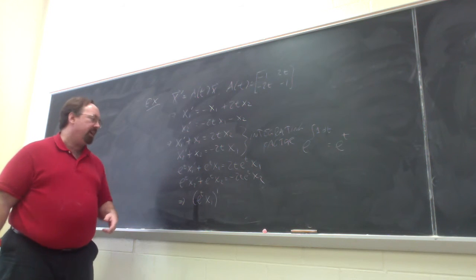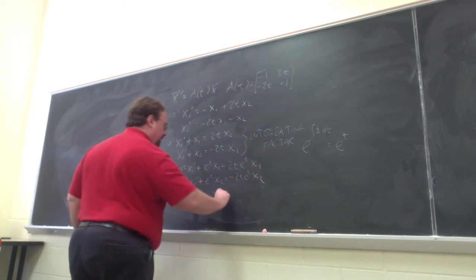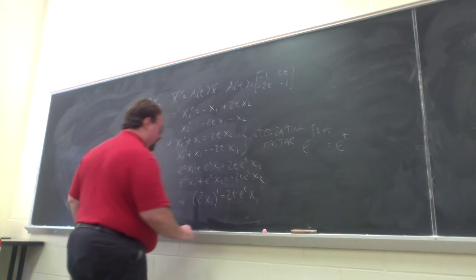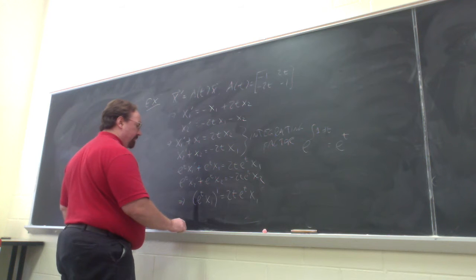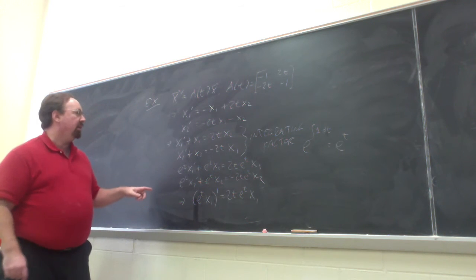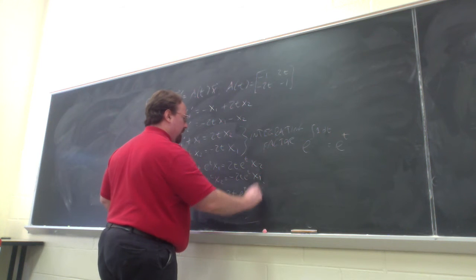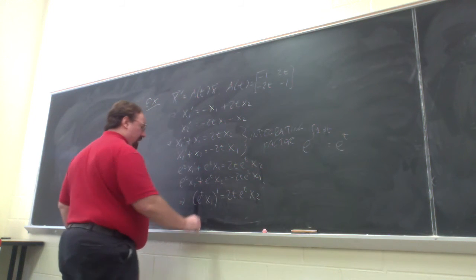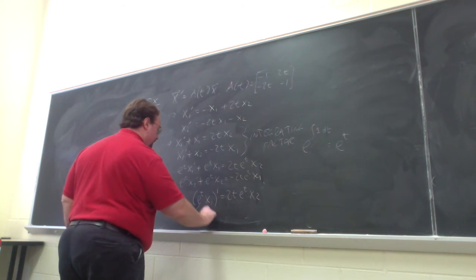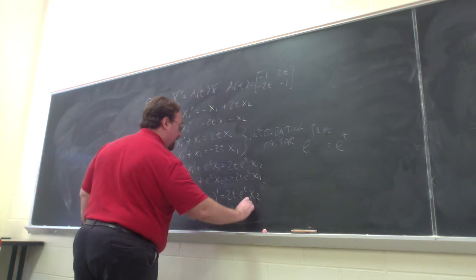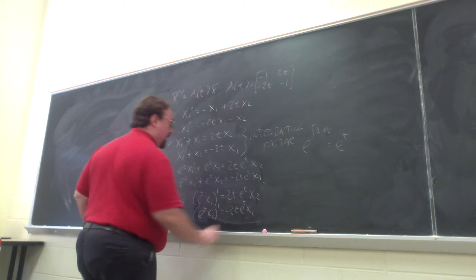That's how the integrating factor is chosen. And then e to the t x2 prime is minus 2t e to the t x1.